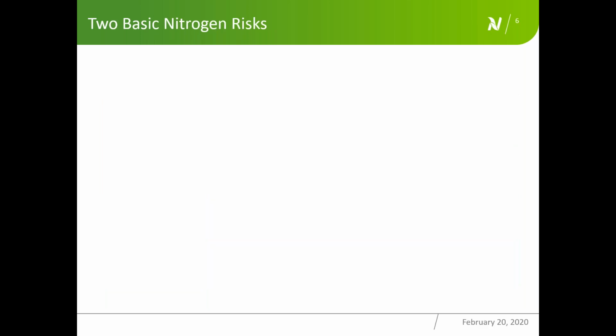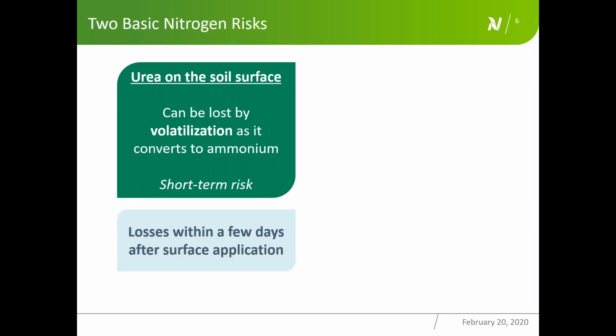All right, so to summarize these nitrogen losses, I like to look at it as two basic nitrogen risks. We have a short-term risk that occurs when we apply urea on the soil surface if it's not incorporated. That urea converts very quickly to ammonium or ammonia.